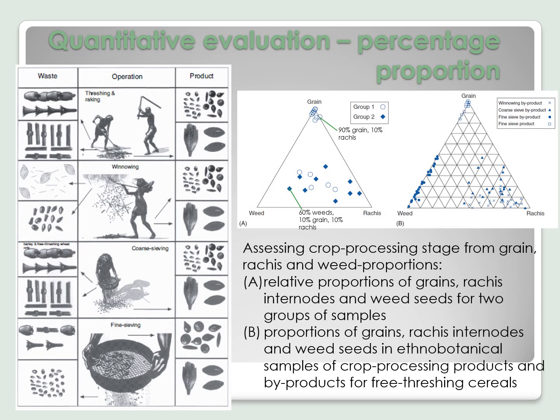On the right, an example how percentage proportion can be used to investigate crop processing stages. The aim of growing a crop is to obtain a clean product that may be further processed into food. Information about how crops were processed and stored comes from both wheat seeds and remains of the cultivated plant itself.